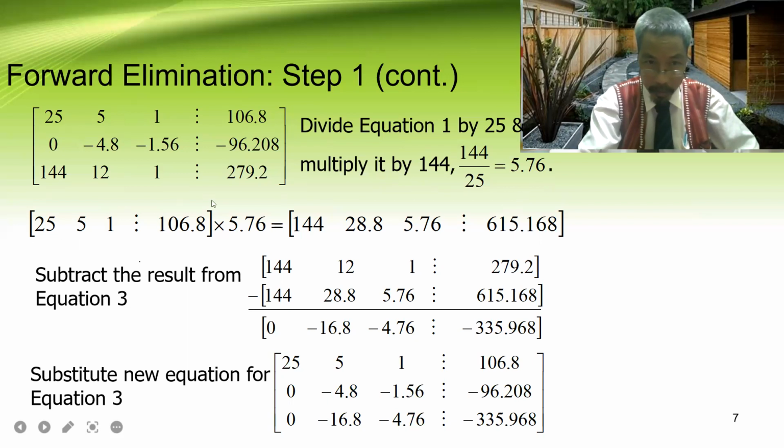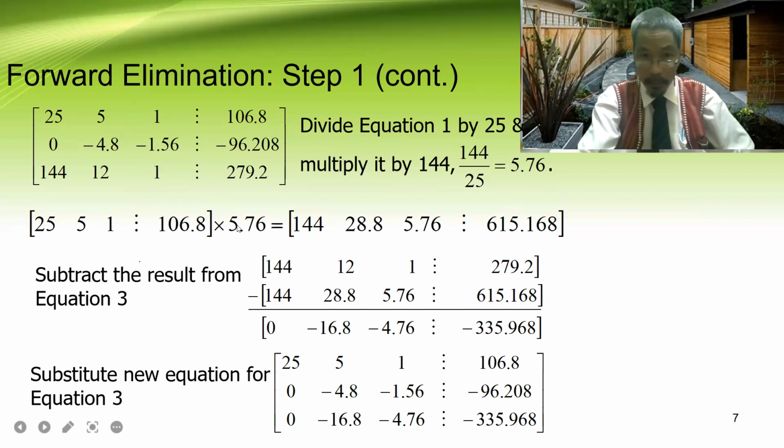Look, this is the equation 1. And then 5.76, this is the 144 divided by 25. Okay. So 25 multiplied by 5.76, that is 144. 5 times 5.76, this is 28.8. 1 times 5.76, of course, 5.76. 106.8 times 5.76, this is 615.168.